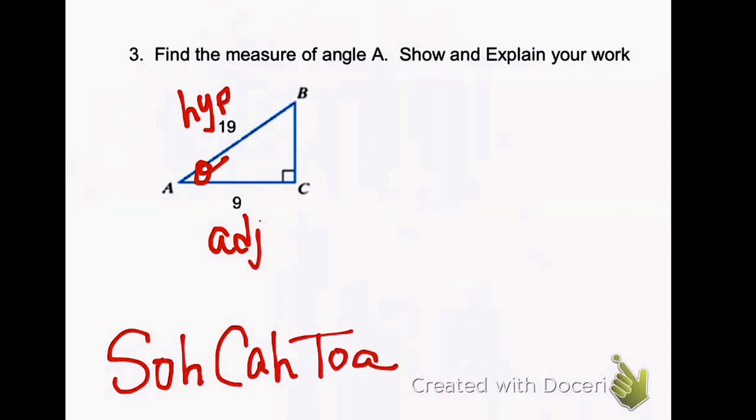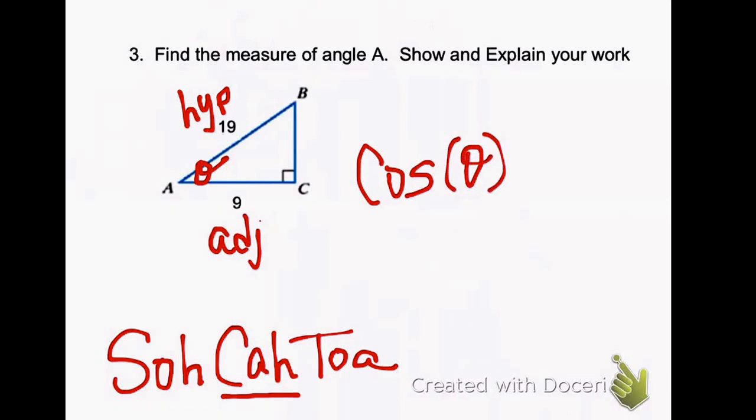So in order to do that, we're going to use cosine. So we would write cosine theta, because we don't know it, equals the adjacent side, which is 9, over the hypotenuse, which is 19. Don't forget to press shift. Find theta.